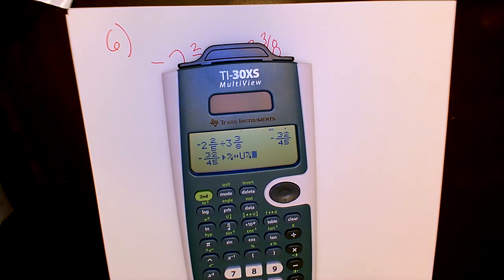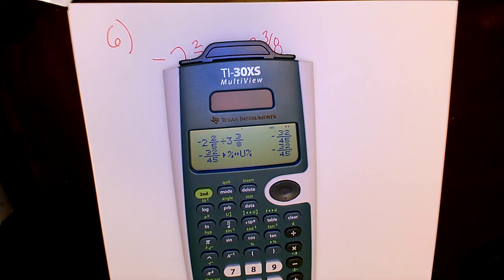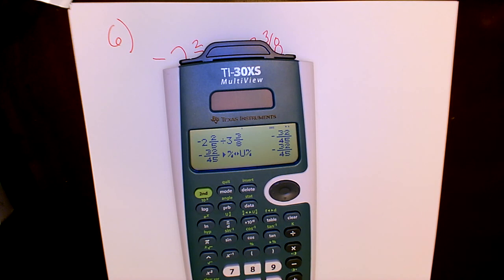And this whole thing comes up, hit enter. Oh, it's not an improper fraction, it's a proper fraction. So the top isn't bigger than the bottom, so it just stays negative 32 over 45. So that one we can't change, but most of the time we can change it back to a mixed number.